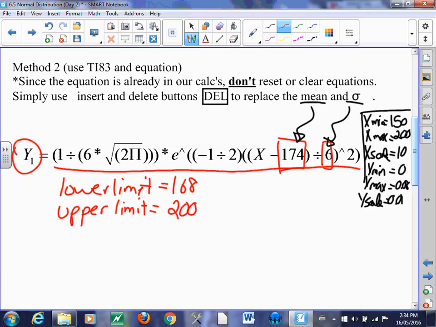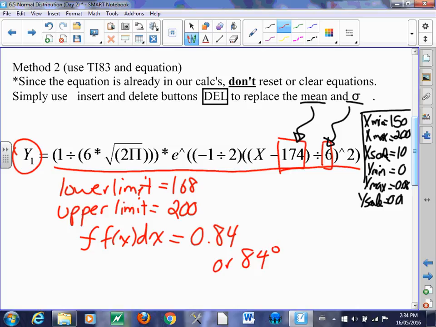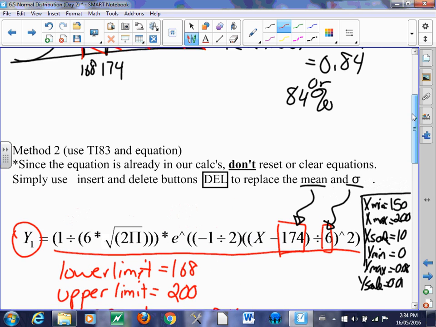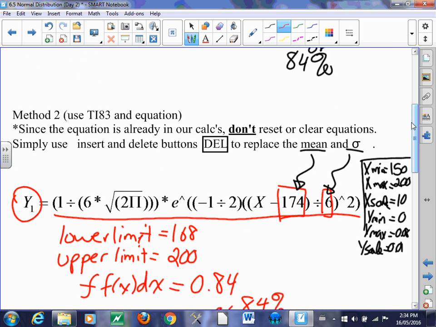Then you press enter and your f at x dx answer should equal 0.84, or 84%. Okay, so far, I forgot my therefore statement up above, didn't I? Haha. So we'll put it in somewhere in between here. So therefore, 84% chance of meeting a boy taller than her.